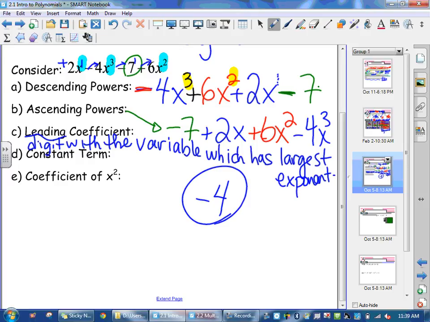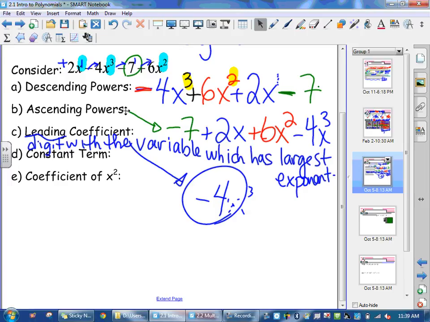Okay? So leading coefficient has to be the negative 4. Well, you put the x cubed with it. That's okay. But the actual leading coefficient part you have to understand is the negative 4. Okay. Why is it? The rule is you look at all the variables. Who has the biggest exponent? You have a 1 small, a 2 small, 3 is the biggest. Okay. So the guy in front of the biggest exponent.